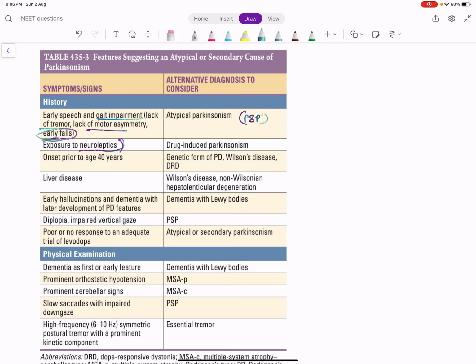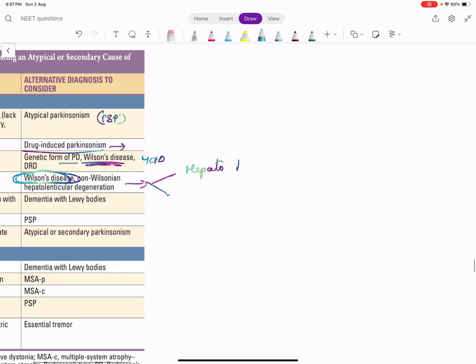Presence of psychiatric drugs, think of drug-induced Parkinsonism. Onset prior to age 40, think of Wilson's disease or a genetic form of PD. They are called YOPD, young onset Parkinson's disease. A Parkinson's syndrome with liver disease, think of Wilson's disease. Wilson's disease is called hepatolenticular degeneration. The hepato part is that it causes cirrhosis.